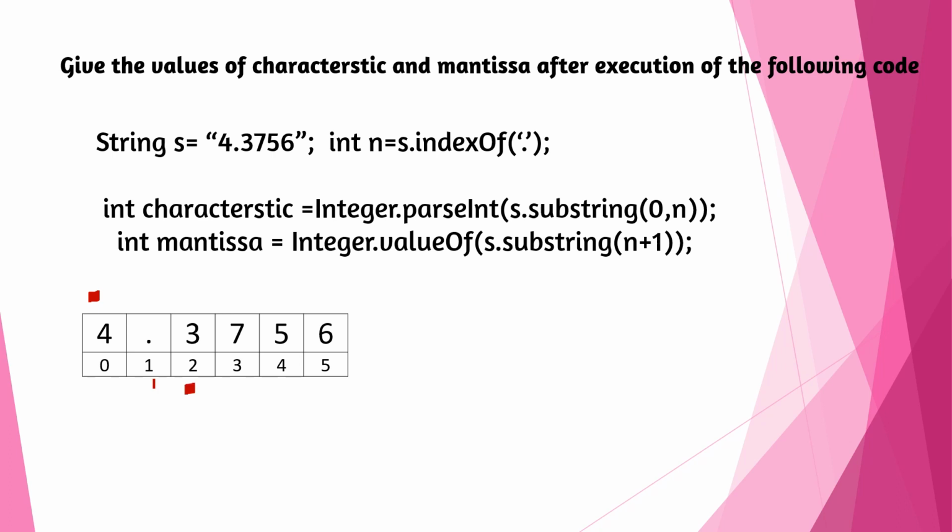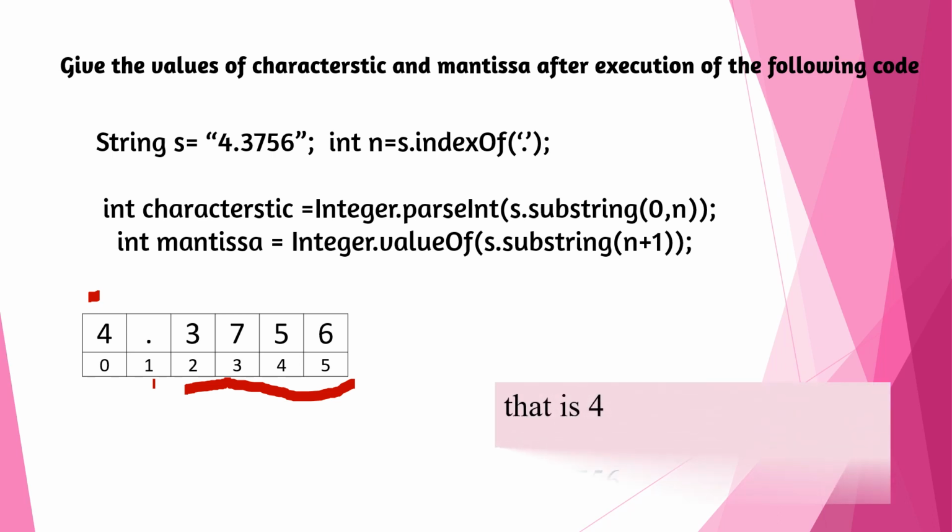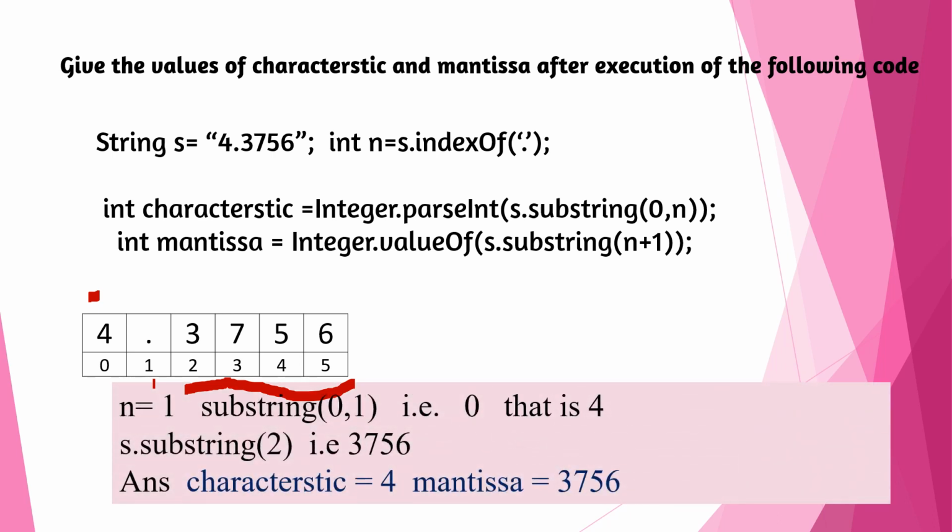That means all the characters starting from position 2, that is 3756, are taken, converted and stored in the variable. So this is the answer: the value of characteristic is 4 and mantissa is 3756.